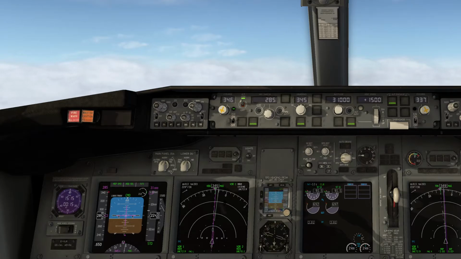So 73 nautical miles, so 9 miles to go. And at Kukir we turn left on the heading 337 track to intercept Mende radial 060.